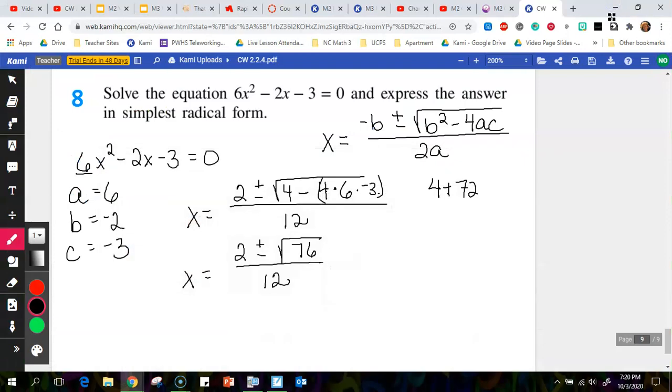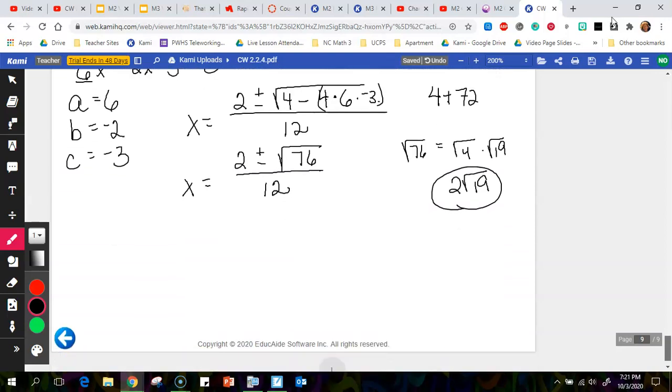So I'm going to go back over here, and over here on the side, I'm going to say, okay, square root of 76 equals square root of 4 times square root of 19. I can take the square root of 4 and rewrite that as 2. So that's how I would simplify that. So moving on with my problem, I've got x equals 2 plus or minus 2 square root 19 over 12.